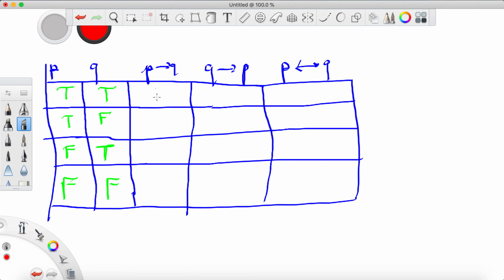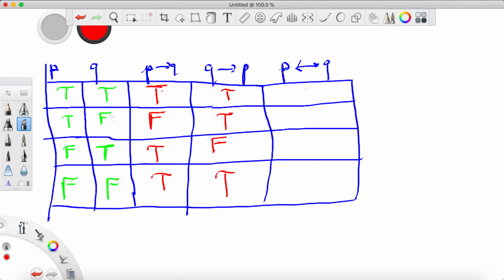So this is true, this is false, because the antecedent is true and the consequent is false. These two are true because the antecedent is false for both of them. Okay, so over here, let's be careful. This is our first column, and this is our second column for this case. So again, this is going to be true. This one and this one are going to be true because the antecedent is false. I'm going to go ahead and write that in right now. And if the antecedent is true and the consequent is false, the whole thing is false.